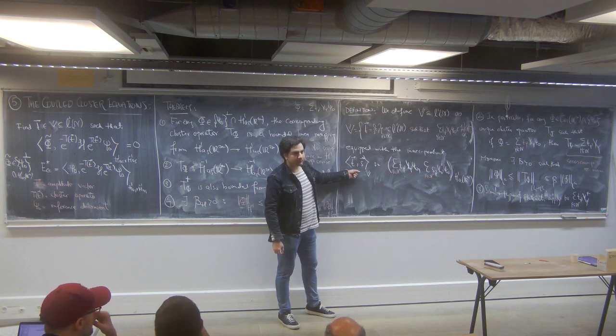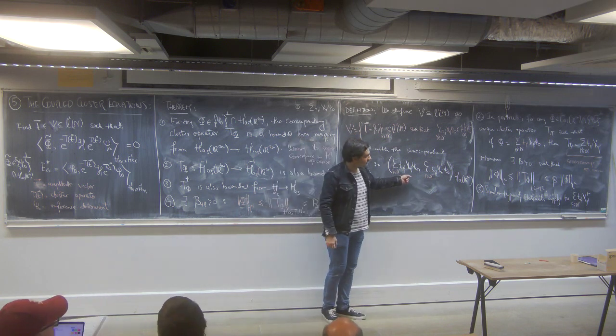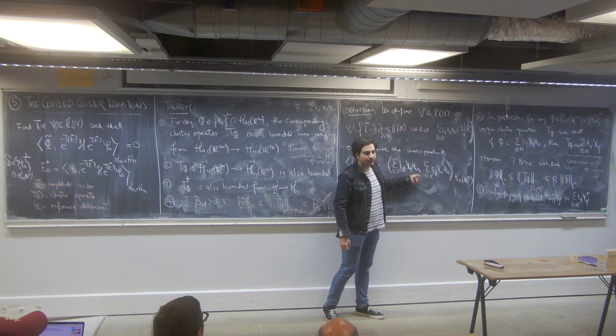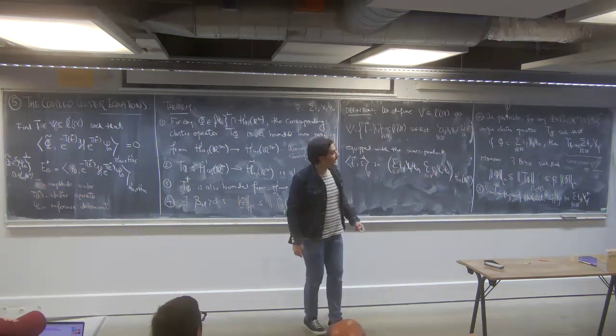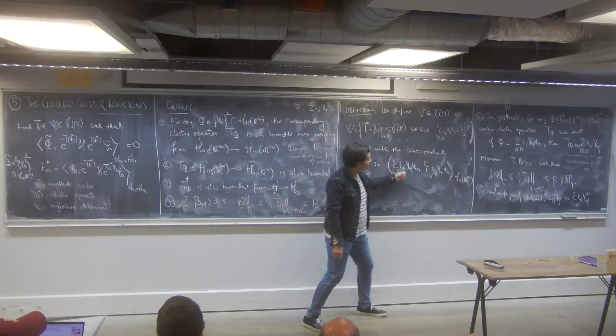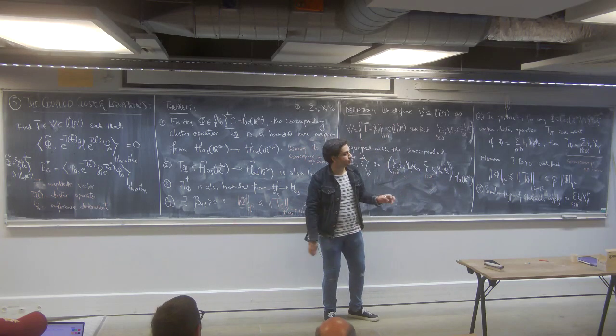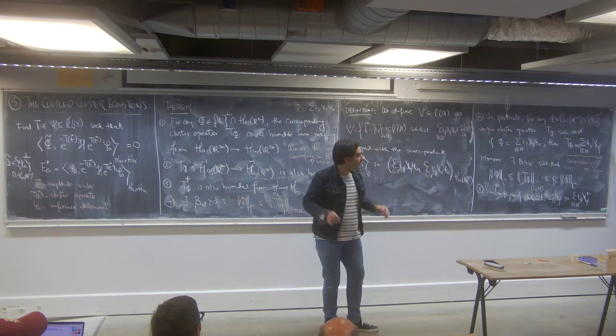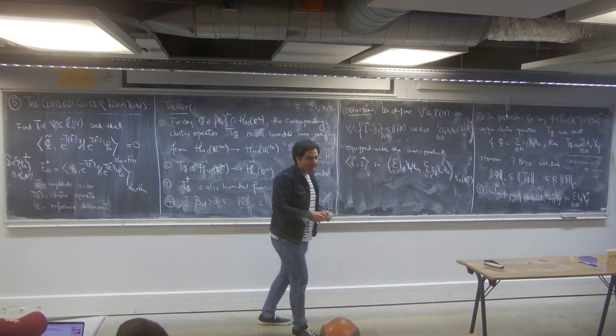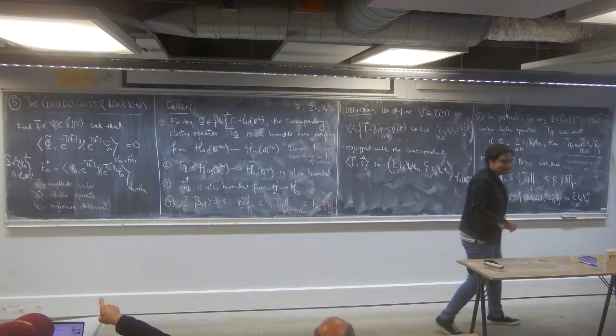The V inner product is defined as follows. You construct the corresponding wave functions from these sequences, and then you just take the H1 inner product. And we know by definition that each one of these wave functions will really be in H1, so this inner product is well defined, and everything makes sense. Okay.